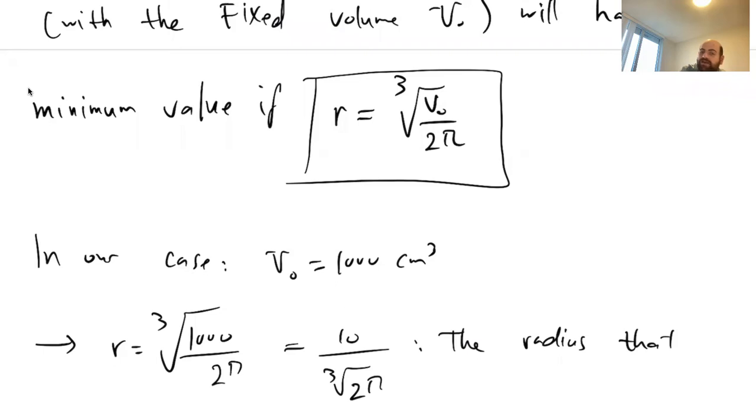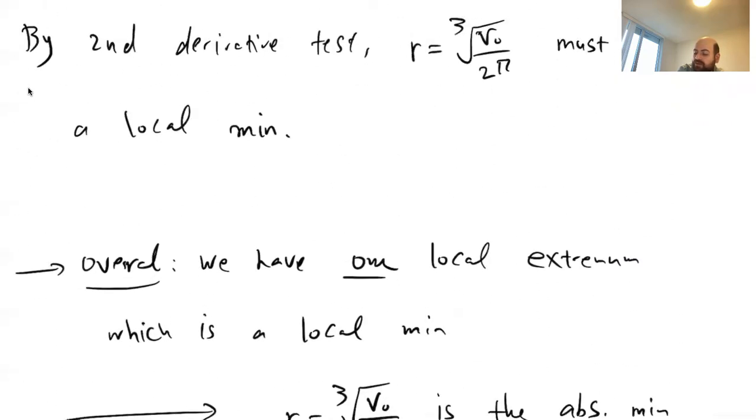But if the question also asks for the minimum total area of a cylinder with fixed volume, well, you know the formula for the total area.